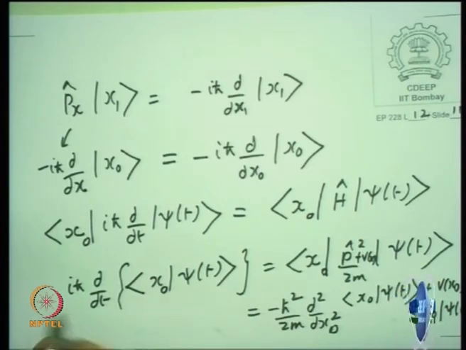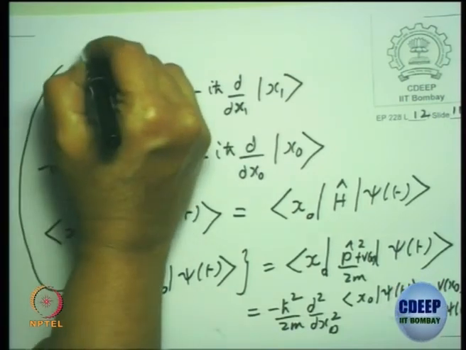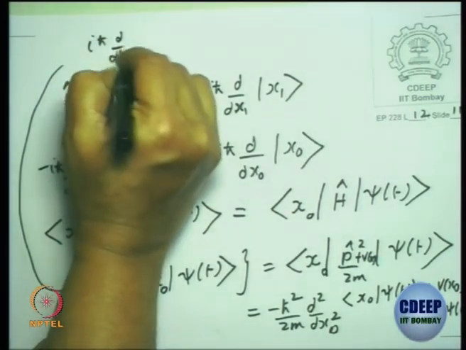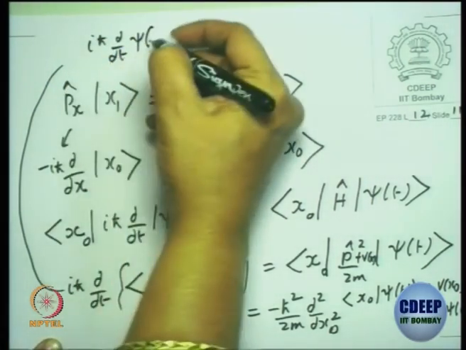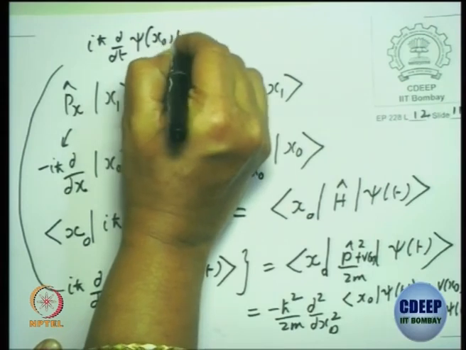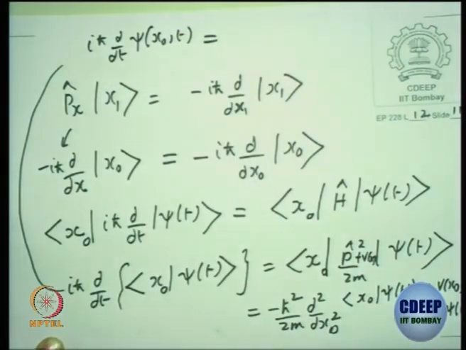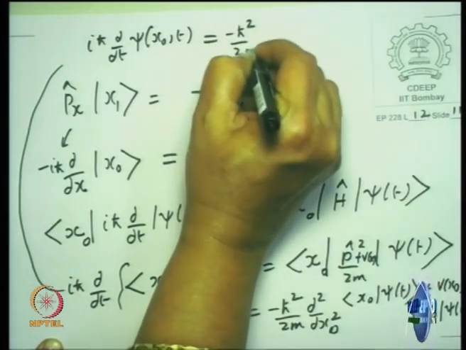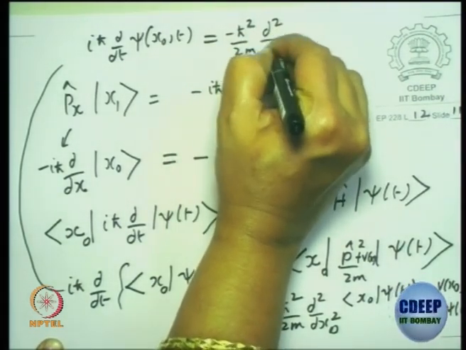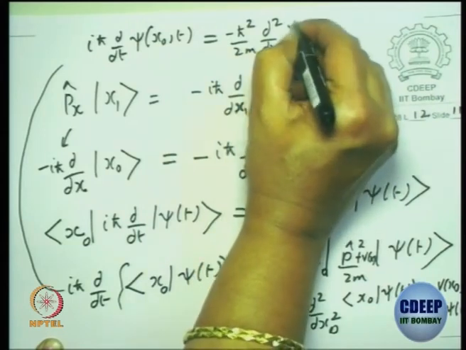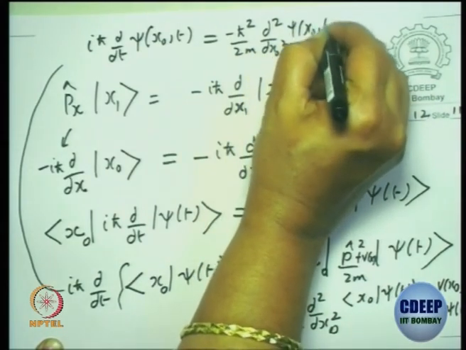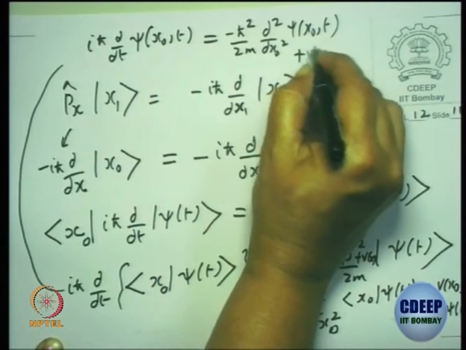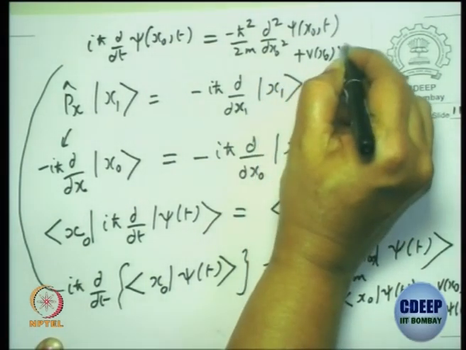So, this equation I can write as i h cross del by del t psi of x naught, t equal to minus h cross squared over 2m del squared by del x naught squared psi of x naught, t plus v of x naught psi of x naught.